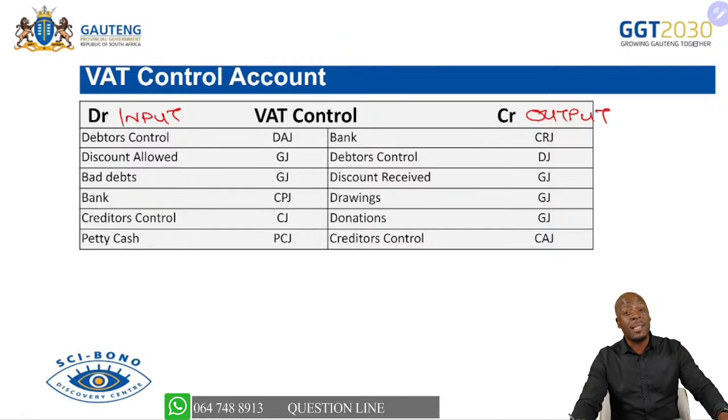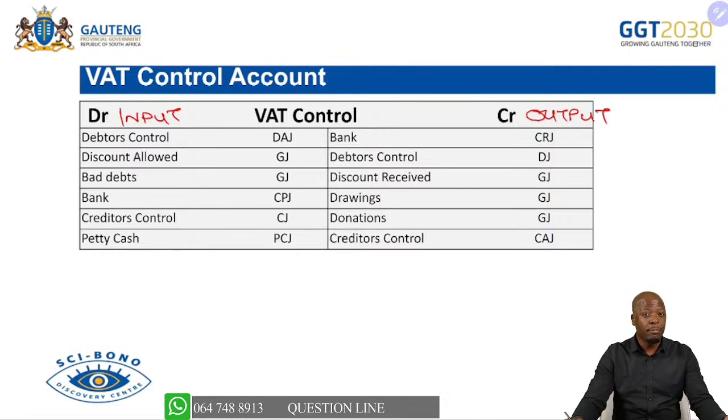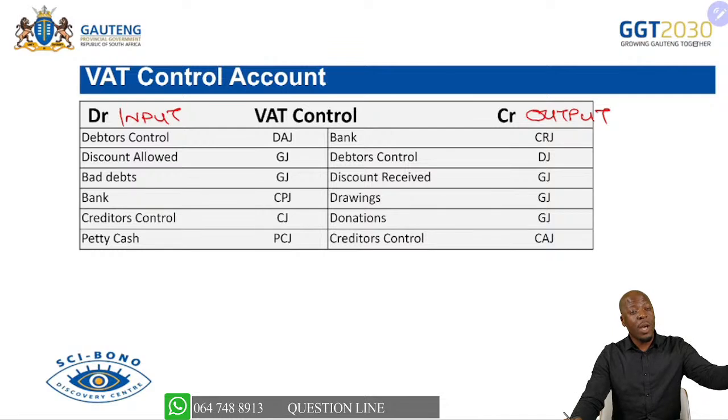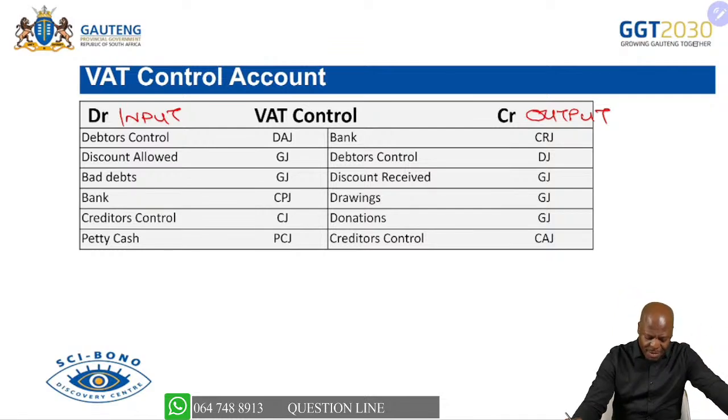When we make a sale, which direction are the goods going? Out. Therefore, sales, we're talking VAT output. And when we purchase goods, now you can tell me whether it is input or output, because when we're purchasing, goods are coming in. Therefore, my purchases becomes input VAT.